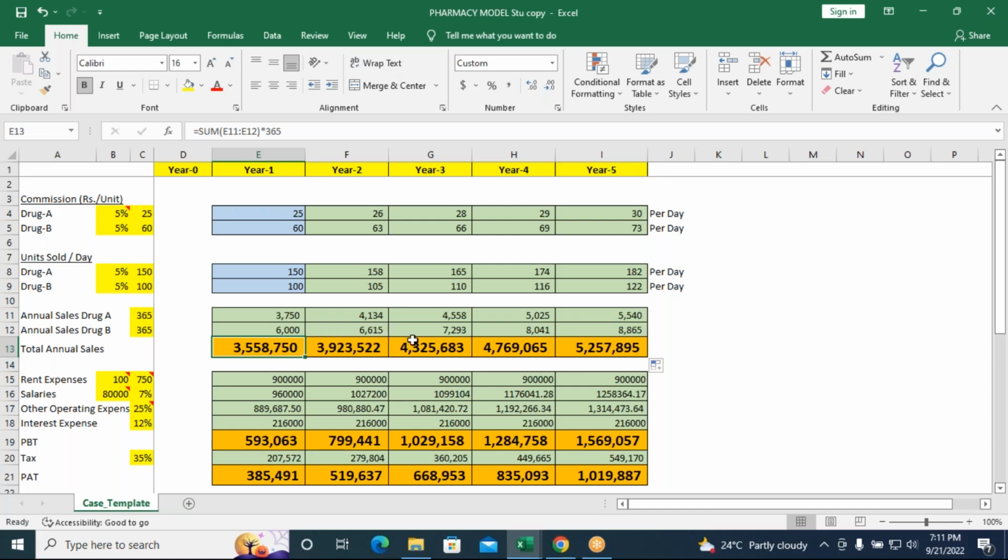So just try out with this formula that I have put, whether this is working out. Okay, ma'am.